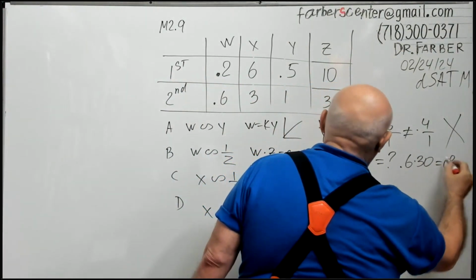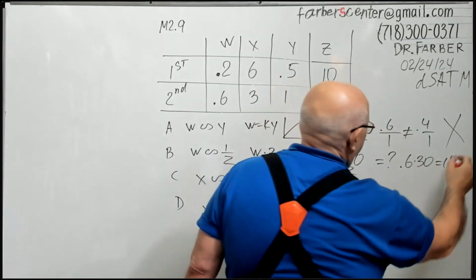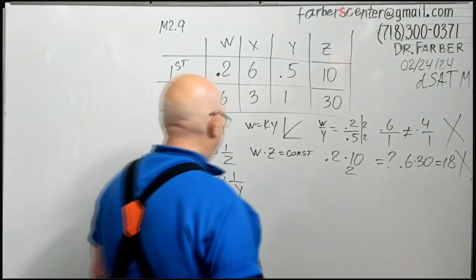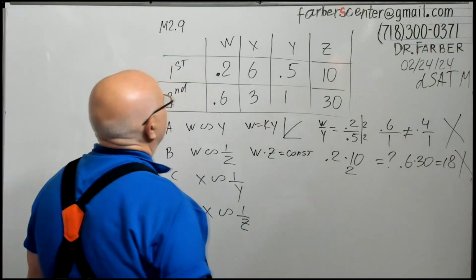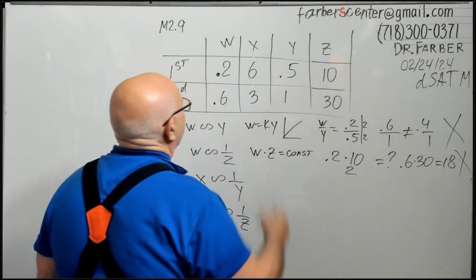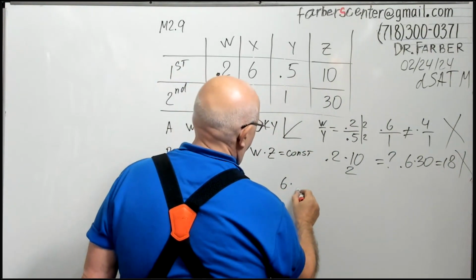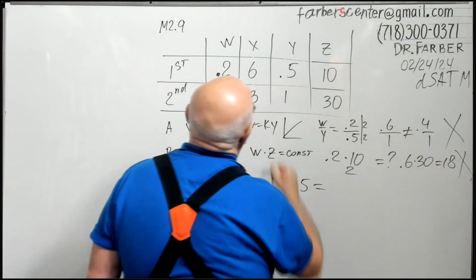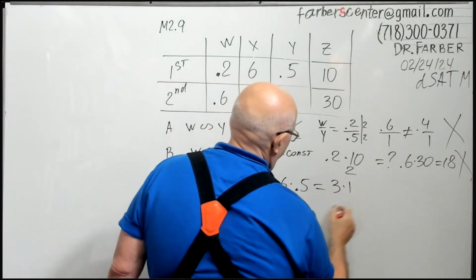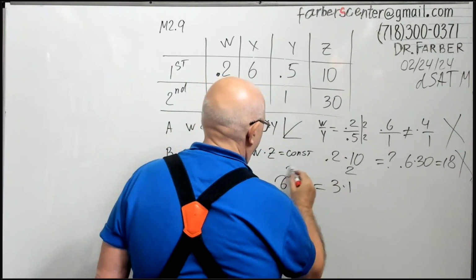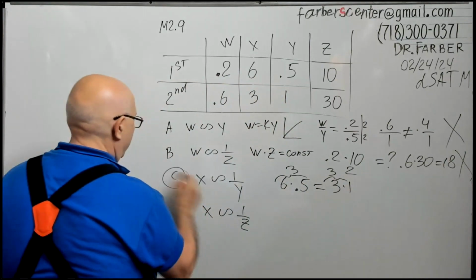This is 2, and this is 18. 2 does not equal 18, garbage. X inversely proportional to Y: 6 times 0.5 equals 3 times 1. Yes, this is 3, and this is 3. Beautiful. This would be the answer.